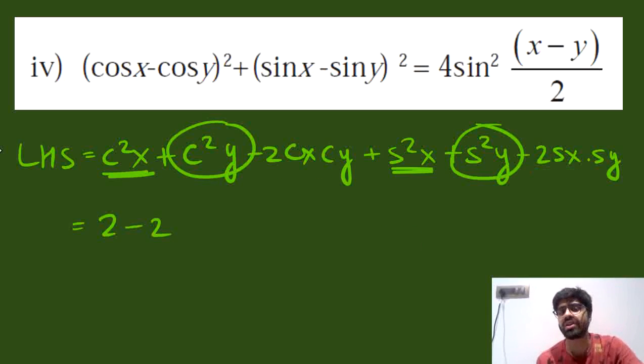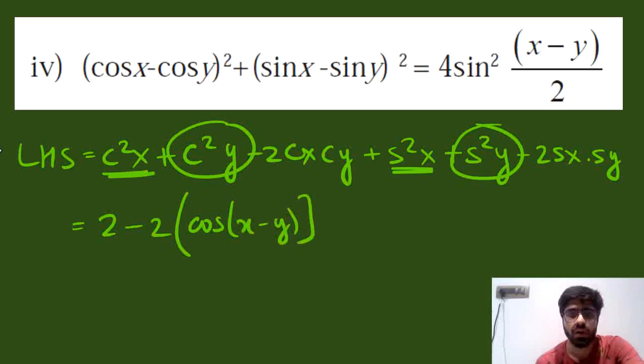We are pulling out a minus 2 common. So that will leave us with minus 2. In the bracket it will be cos x cos y plus sin x sin y, which is basically the expansion of cos x minus y. Now, from the two terms here, you can pull out a 2 common.